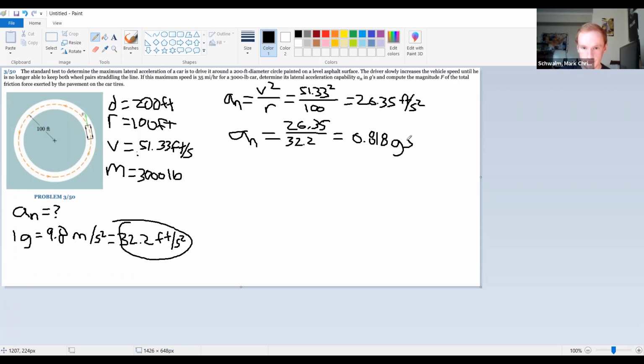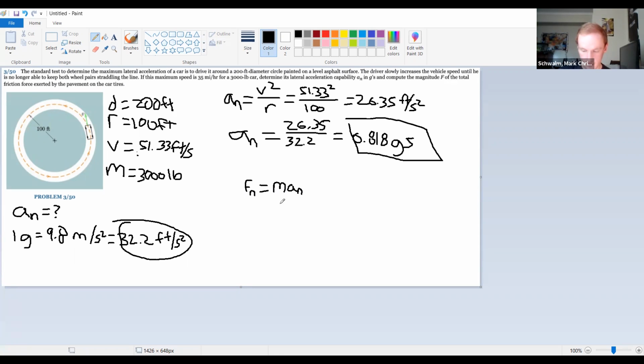All right. Very cool. So that's our first answer. It's the acceleration in terms of G's. And then in terms of the force, which is what they ask for, the magnitude F of the total friction force exerted by the pavement on the car tires, that is going to be equal to force N. We have the mass, we have the acceleration here.